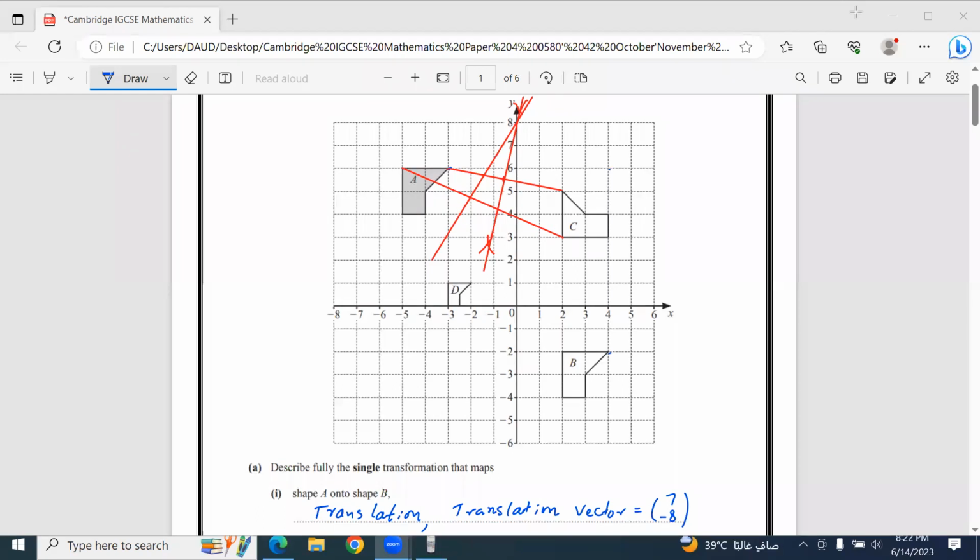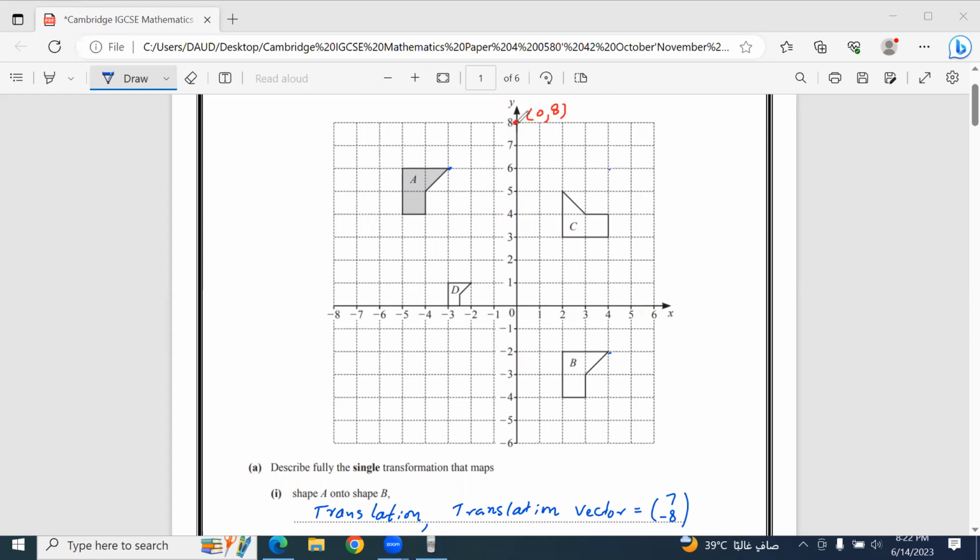I found the perpendicular bisectors meet at (0, 8). This is the point where the perpendiculars meet, that is the center of rotation.